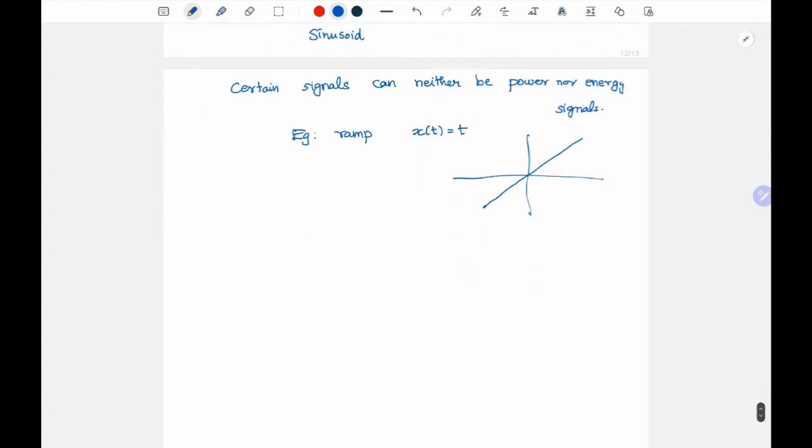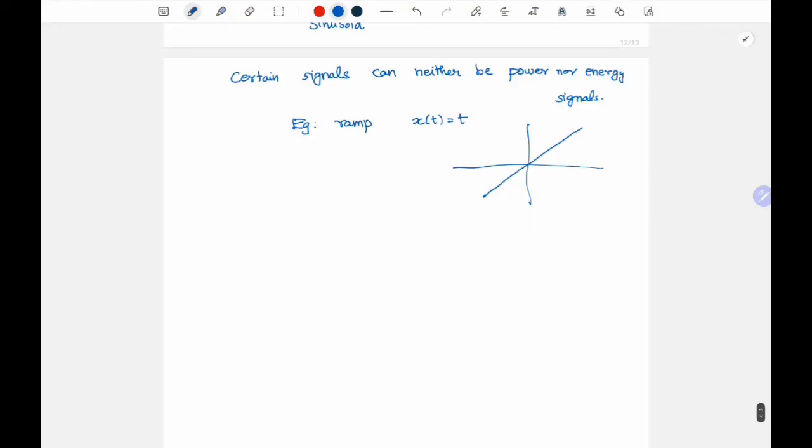So one signal cannot be both energy and power at the same time.